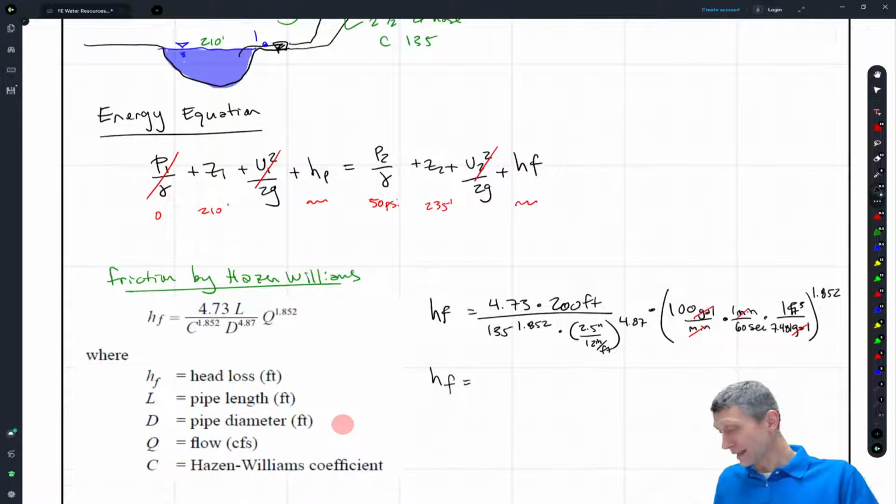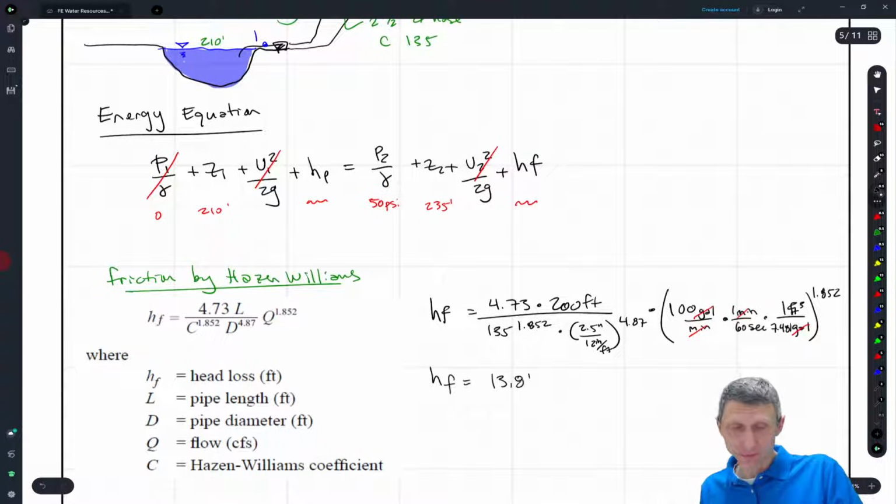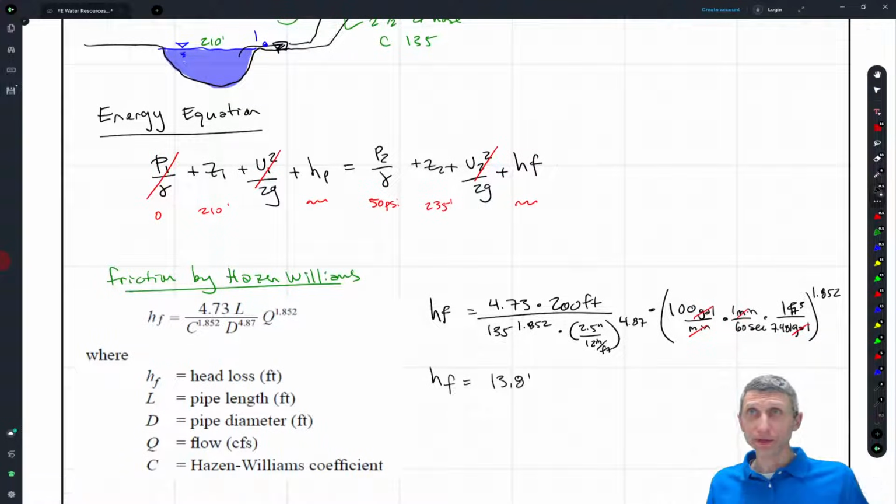The number that I got in here was about 13.8 feet. So hopefully that was done right, but let's check. So 4.73 times 200 divided by 135 to the 1.852, and hopefully you're trying this as well, because using your calculator can be weird on this, especially when you're dividing in parentheses and all that sort of thing.